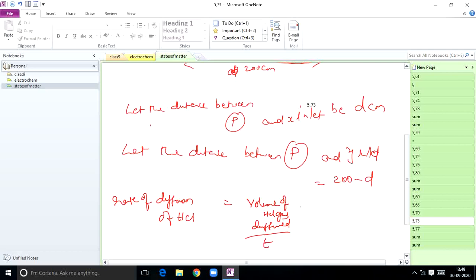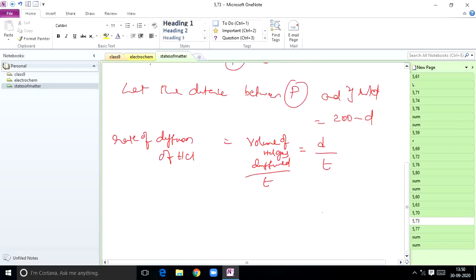Here I am taking distance by time. So the distance travelled by HCl gas is d, time t. Next, the rate of diffusion of ammonia.